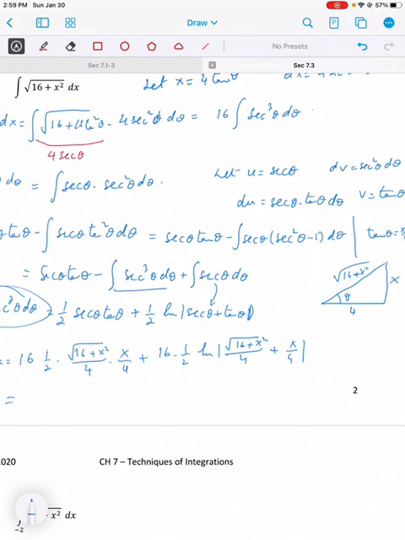Simplify and we end up getting x times square root of 16 plus x squared over 2 plus 8 times ln of square root of 16 plus x squared plus x, whole divided by 4, or 4 could be used in the constant, so we can just say this is plus c.